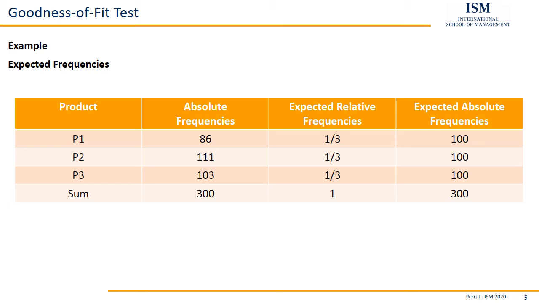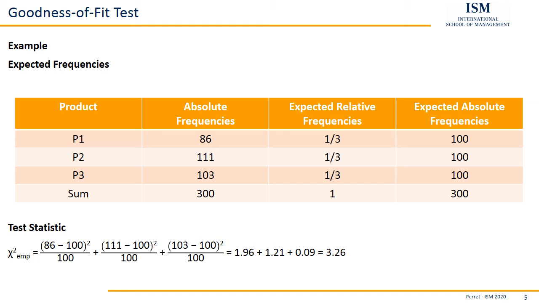Okay, so we have the absolute frequencies and the expected absolute frequencies, so we can just use those numbers in our formula for the chi-squared. So we go here, 86 minus 100 in parentheses squared divided by the expected value 100. That was product 1. Then product 2, 111 minus 100 in parentheses squared divided by 100.